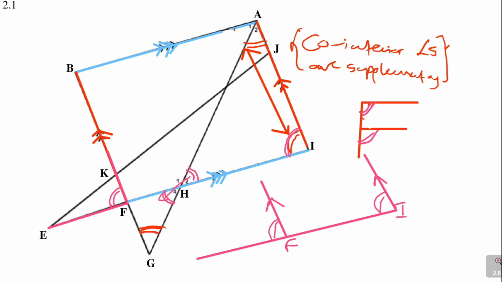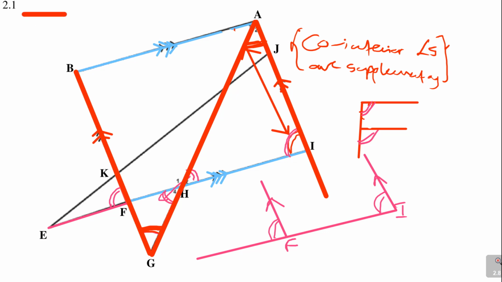Now, what are you seeing? Look at this. You take this, you take that, you take that. What are you seeing? Do you see the alternate angles? Do you see that? This is angles in Z, like this, whereby that angle is equal to that angle. So that's it. So these are alternate angles.